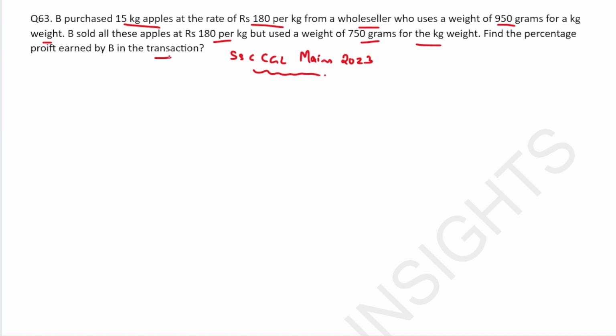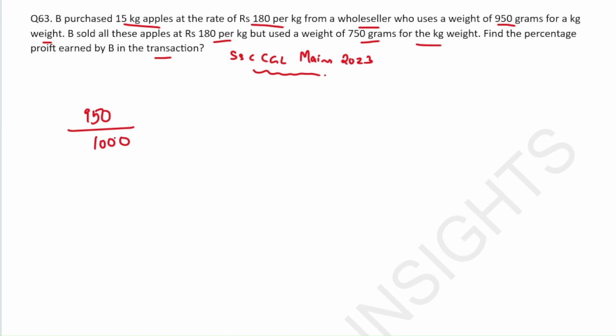So while reading this question, you should always read from B's perspective, okay? So from B's perspective, if the wholesaler uses a weight of 950 grams instead of a kg, that means B is getting a loss, yes or no? So from B's perspective, he's getting a loss of 950 by 1000.